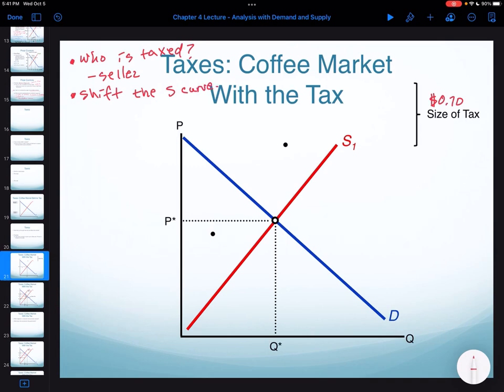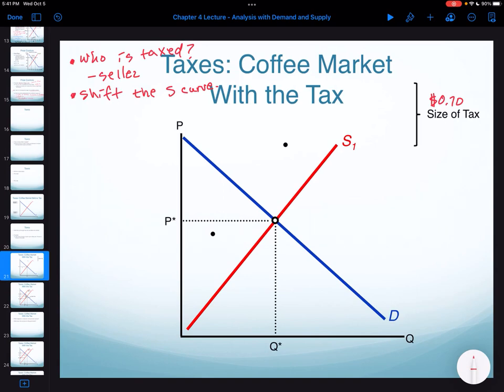Okay, all right. So the question is, do I shift the supply curve to the left or to the right? Well, let's think through this. A tax is a cost that's going to be imposed on a seller, right? So if a seller has a cost imposed on them, does that lead to them producing more or less? It's going to lead to them producing less, right?